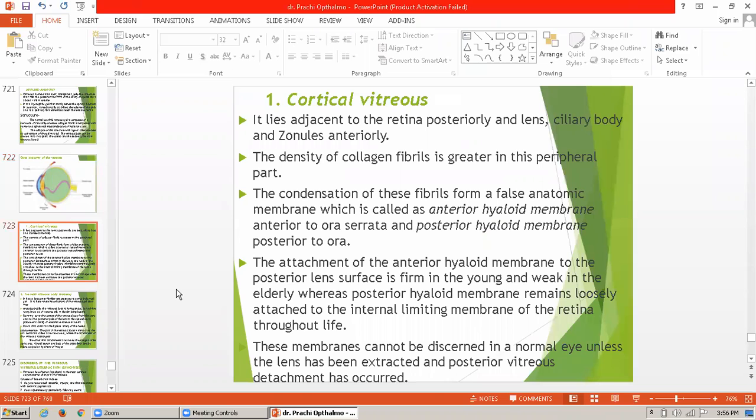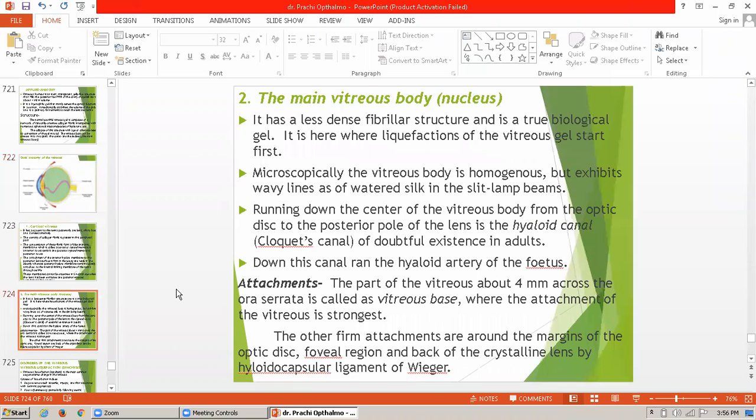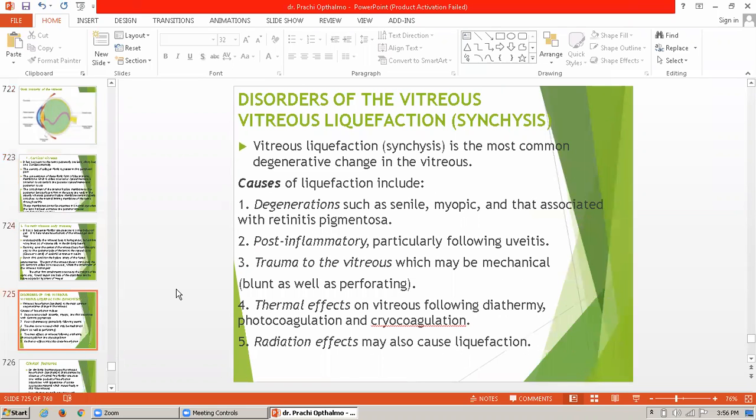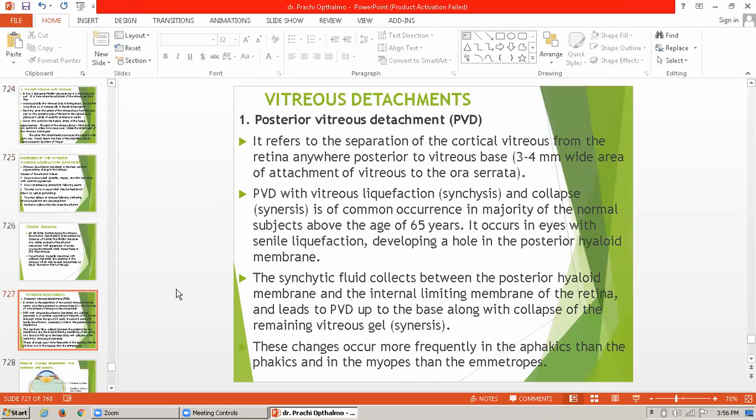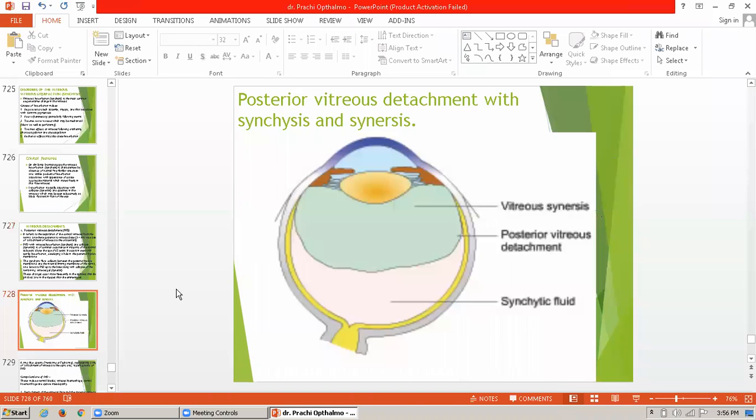Then the cortical vitreous, the main vitreous body, that is the nucleus, and its attachments, and the disorder of vitreous liquefaction, that is synchysis, its causes and clinical features. Vitreous detachment, that is posterior vitreous detachment, PVD, and its diagram with synchysis and syneresis.